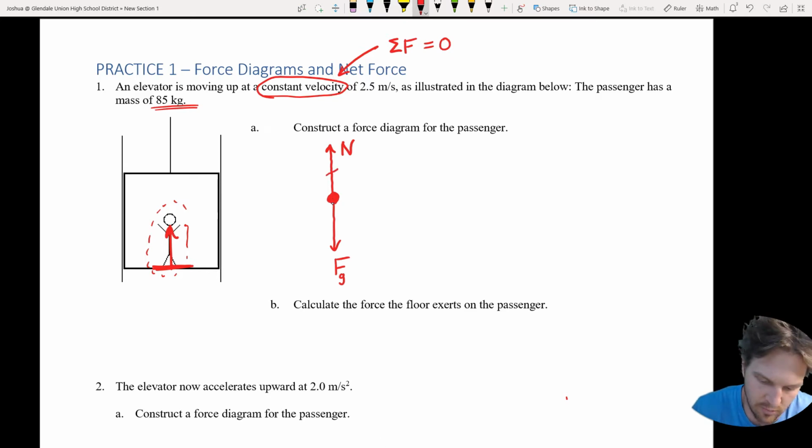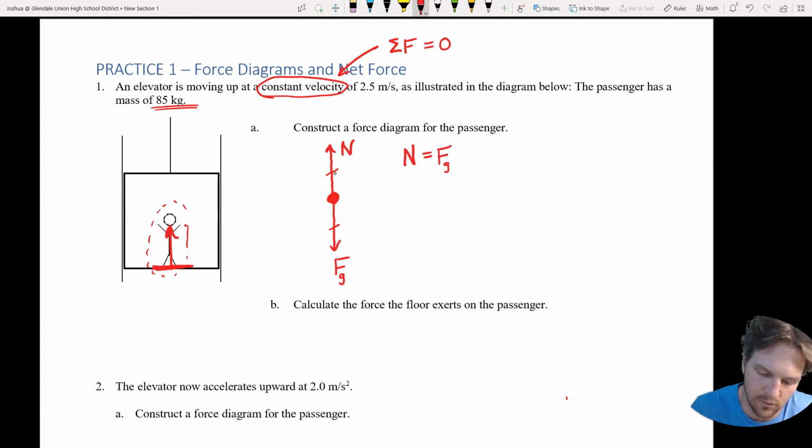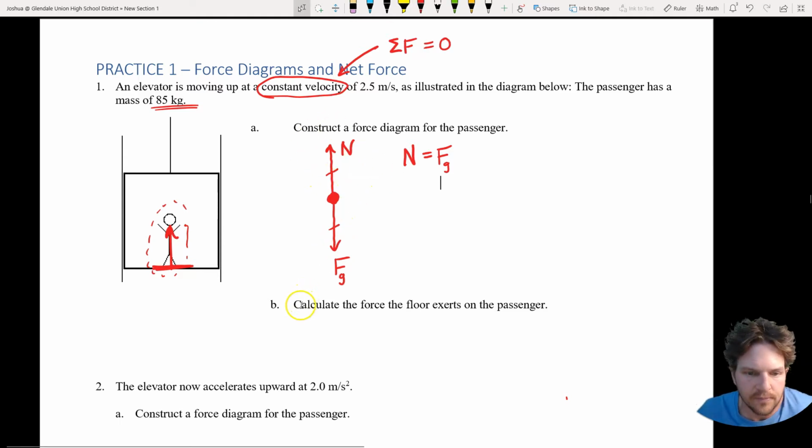So I can put little tick marks to show that these are in fact equal to each other in magnitude. And I can even write a little reminder to myself: the normal force is in fact equal to the force of gravity.